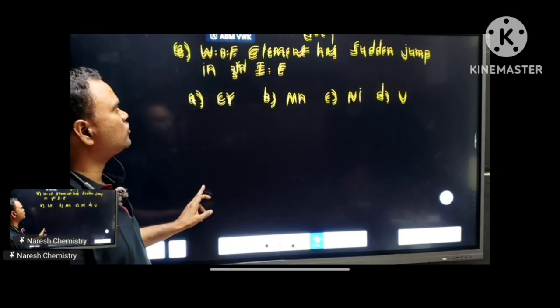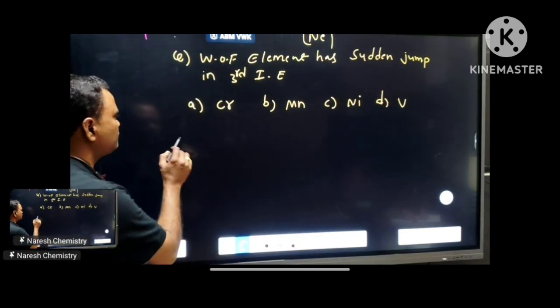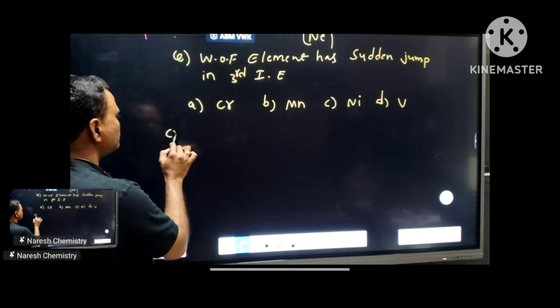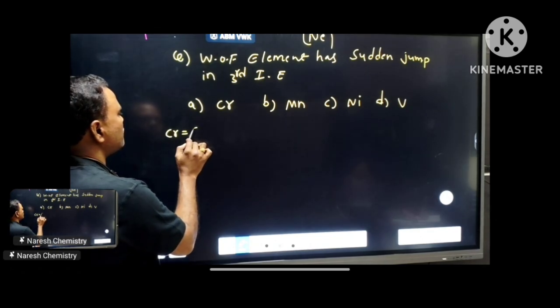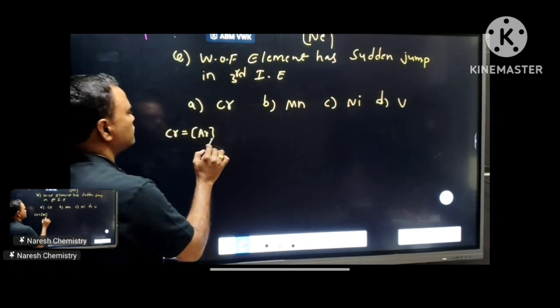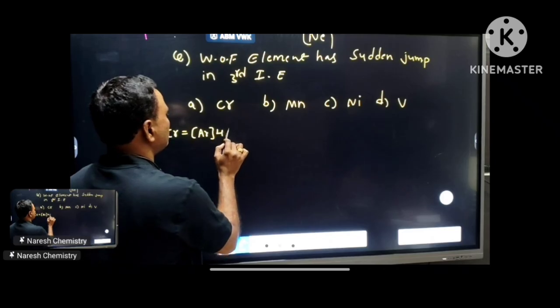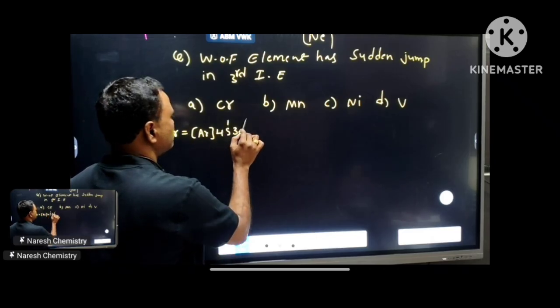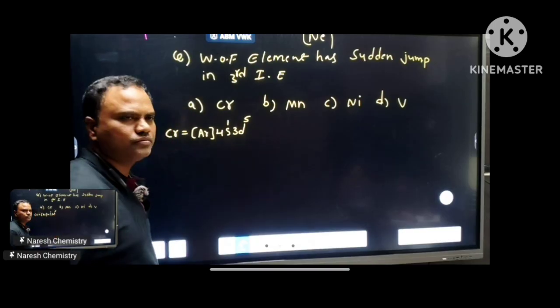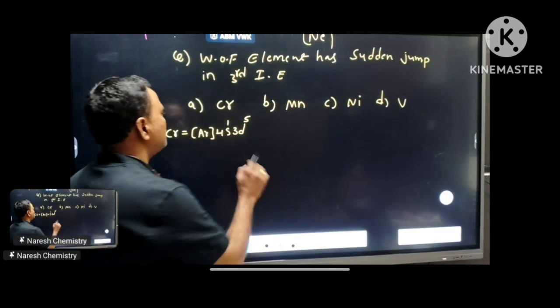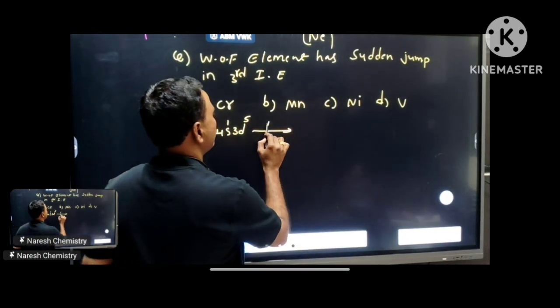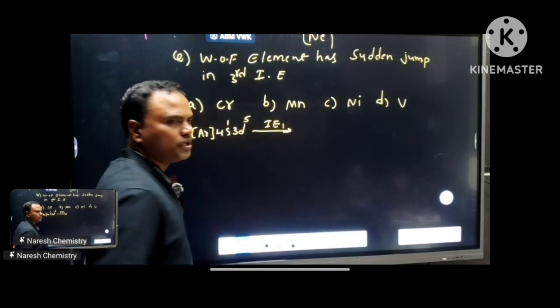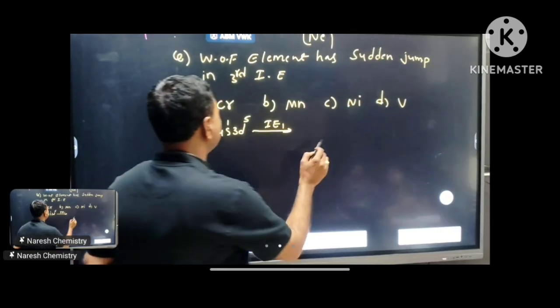First of all, write chromium. Chromium configuration: argon 4s1 3d5. Remove the first electron, ionization energy 1.